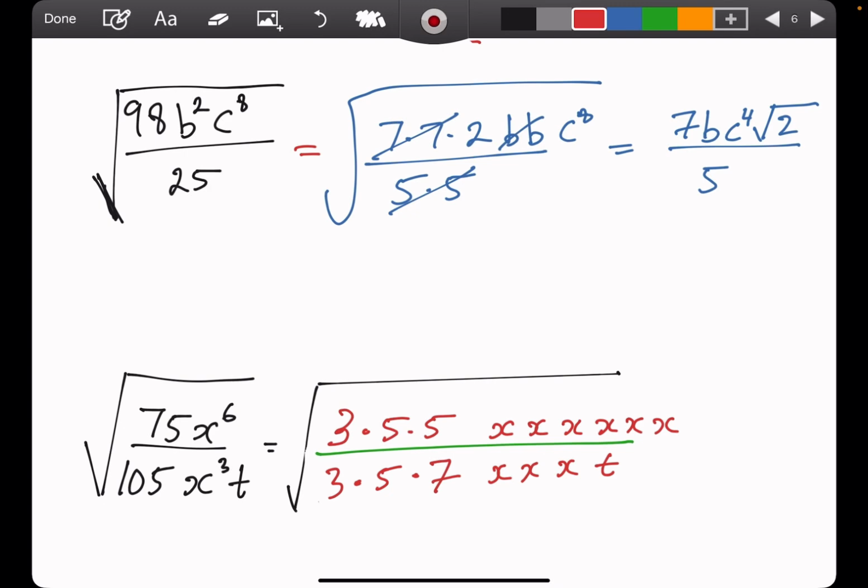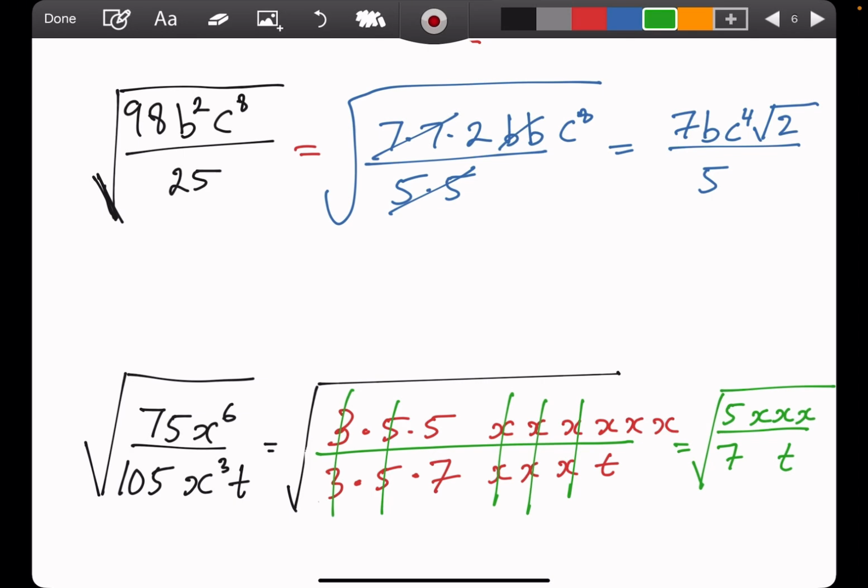So now let's see what we can cancel out. Cancel out, cancel out. This one cancels out, cancel out, cancel out. Okay, good. Cancel out. Now let's see what we are left with. Now we have 5, 1, 2, 3, and we have 7 C at the bottom.